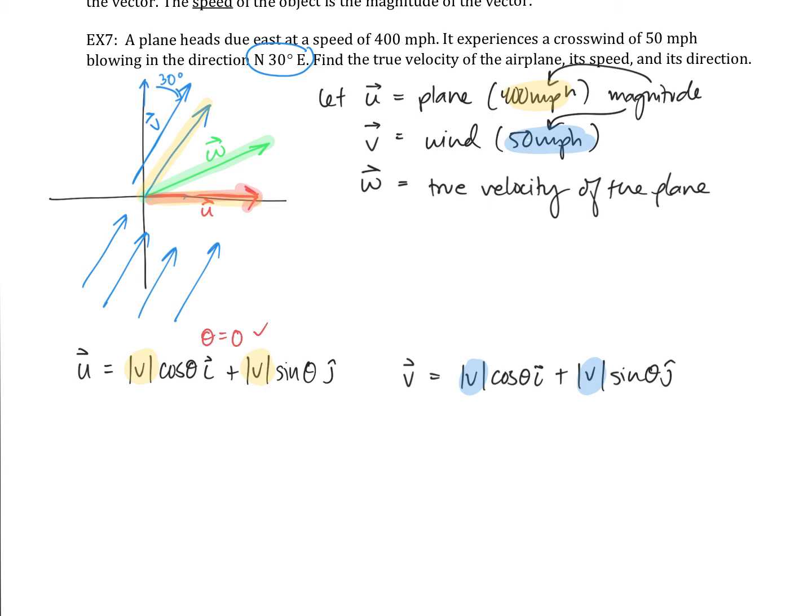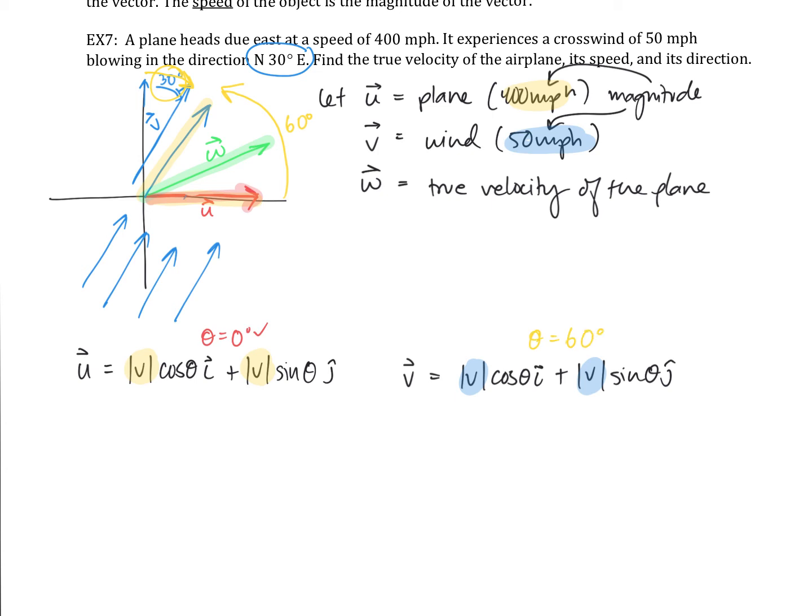Well, if you recall, it's 30 degrees in that direction. But that's not what we want for our vector. We want to figure out how far it is in this direction. So we'll just take 90 minus 30, and that will be 60 degrees. So theta for our v value, or the wind, is going to be 60 degrees.